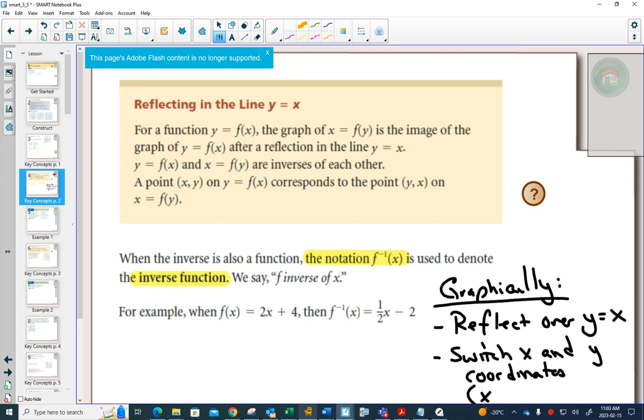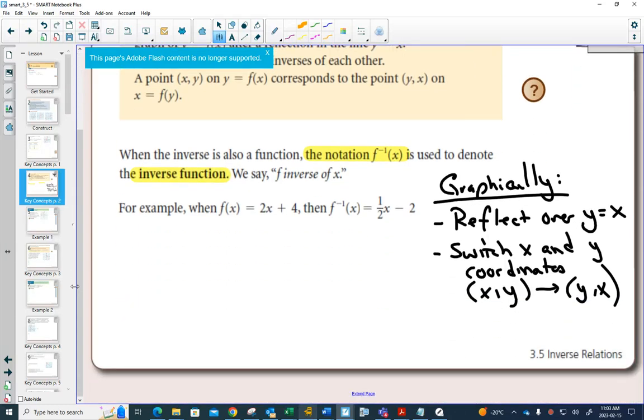In other words, if you had the point x comma y, it now becomes y comma x. The x coordinate becomes your y coordinate, and your y coordinate becomes your x coordinate. So if you have one graph, you can find the other graph by switching the x and the y, switching the coordinates, reflecting diagonally over the line y equals x.